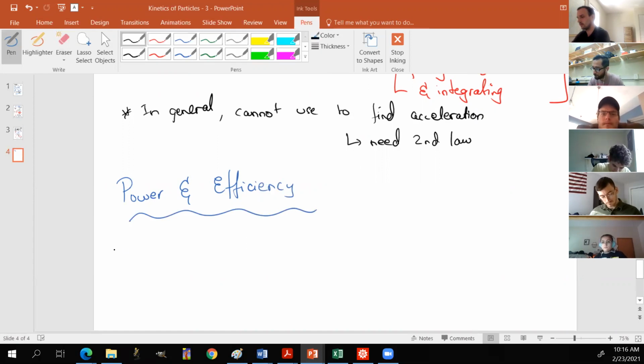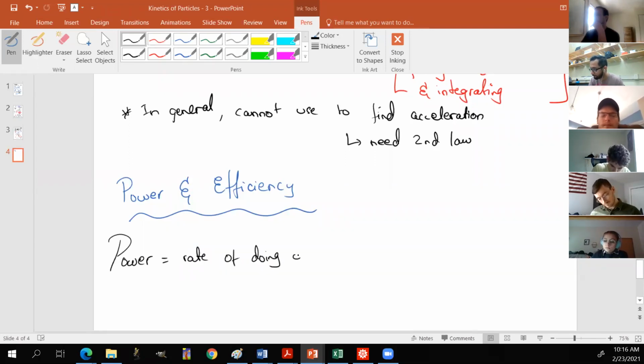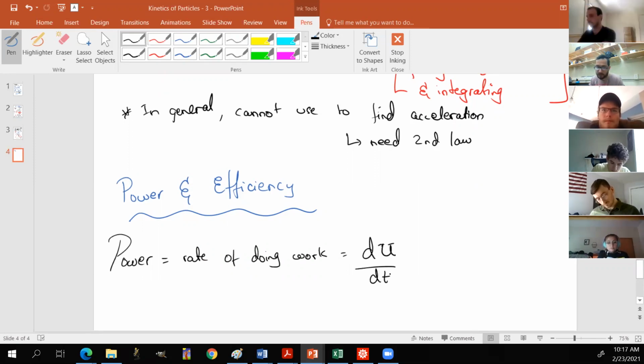Right, the definition of power is the rate of doing work. Right, you're attaching a sense of time to your work done, right? And it's defined as dU over dt, right?